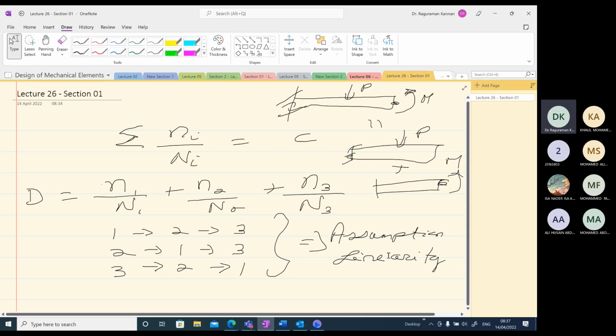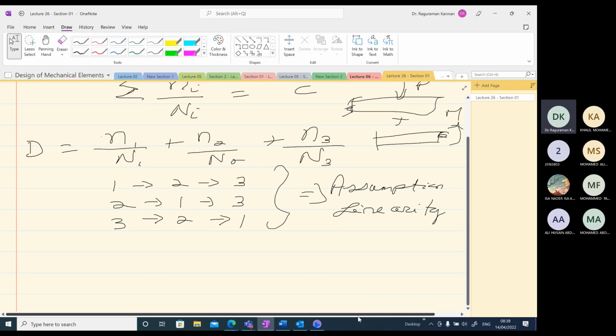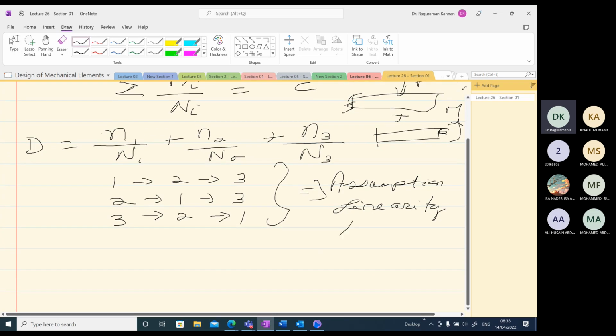For the stresses, if you use Hooke's law here as well, for the stresses and strains, we have assumed some kind of linearity principle. But is this true? Experimentally, not true. So this is a limitation of the method.